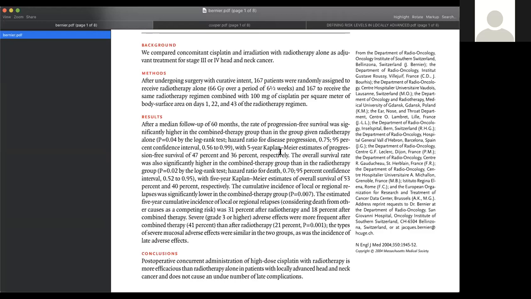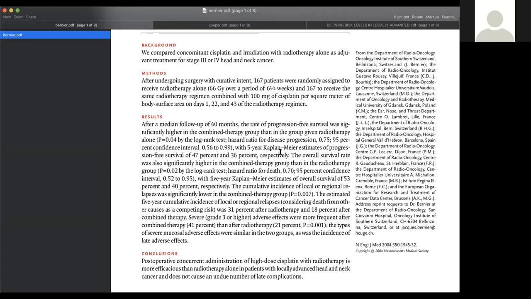And then after you look at the follow-up time, you have to look at what endpoints this study measured. In this study, the endpoints measured were progression-free survival and overall survival. Those were their primary endpoints.